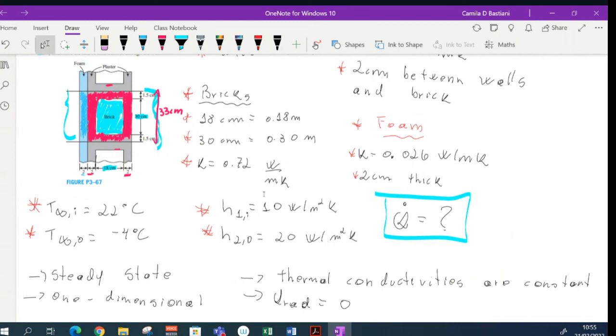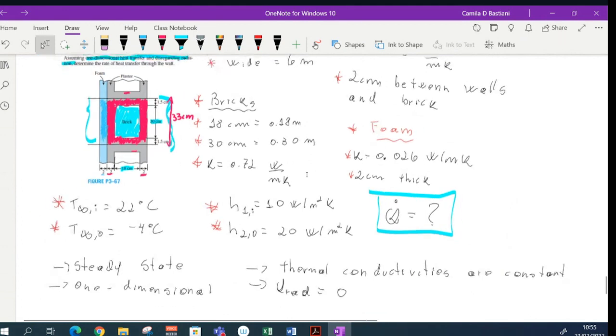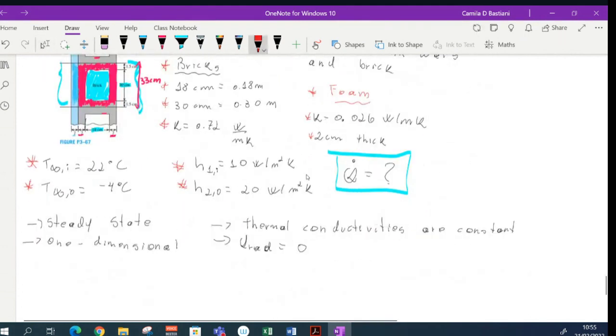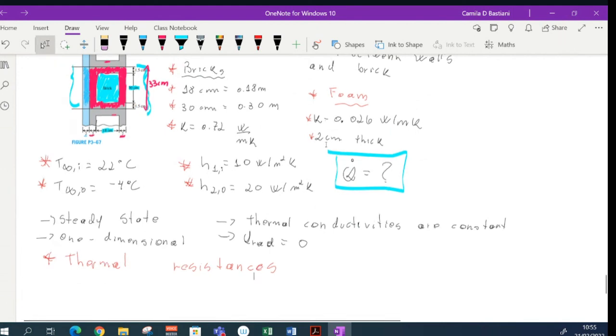Second thing, build your thermal resistance system, okay? Draw your thermal resistances. Draw your schematic, okay? Let's start here and see what we have. Looking at our system, I'm just going to reduce the zoom a little bit.